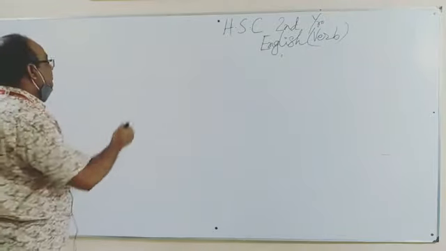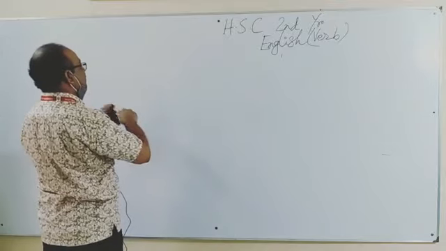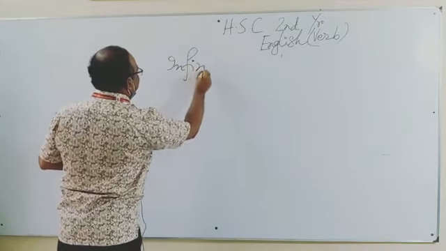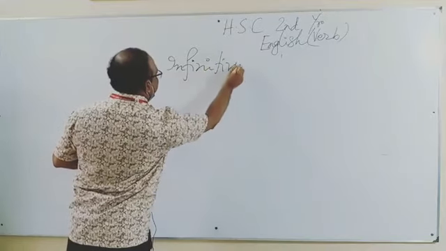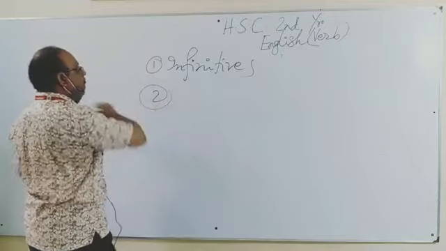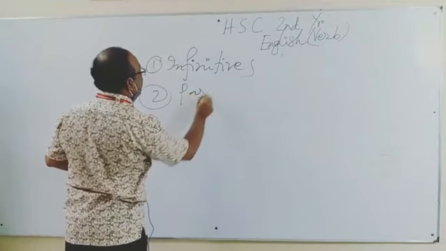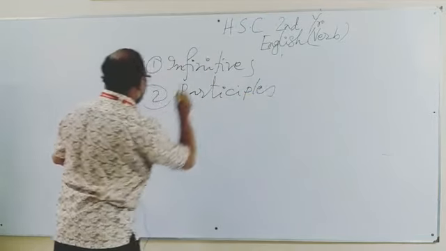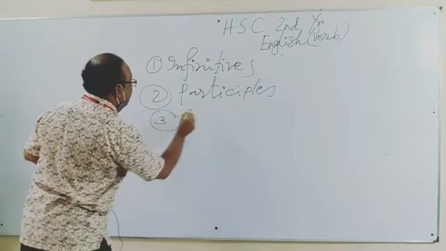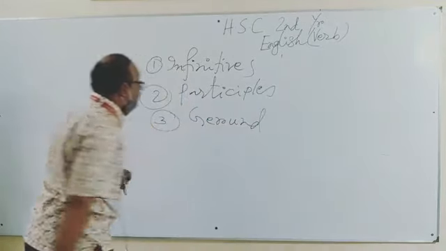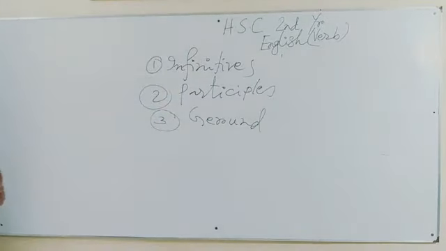Let's see. First one, infinitive. Second one, participles. And third one, gerund.